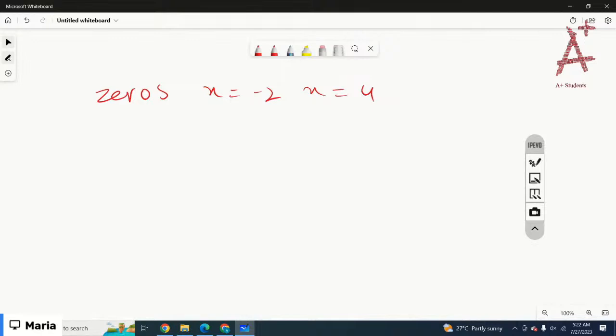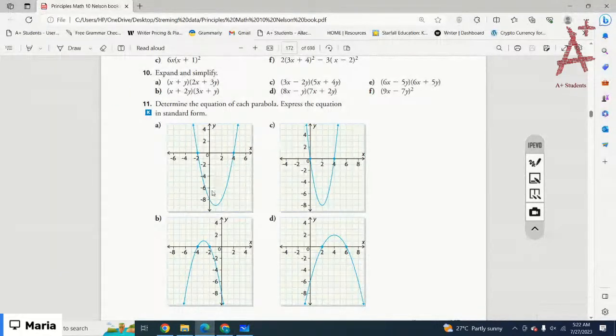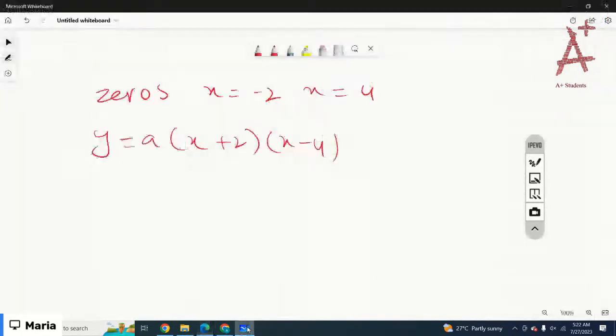So the equation of the parabola looks like y equals a times (x + 2)(x - 4). That is the equation in factored form. Got it? And just look at the y-intercept. The y-intercept is this point, (0, -8).